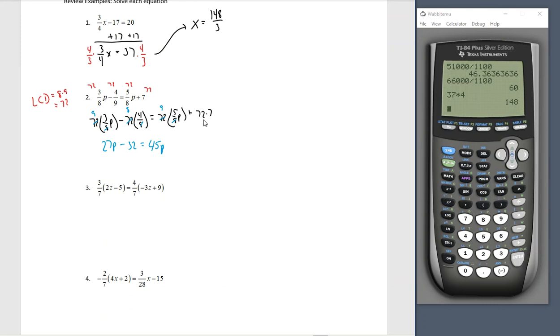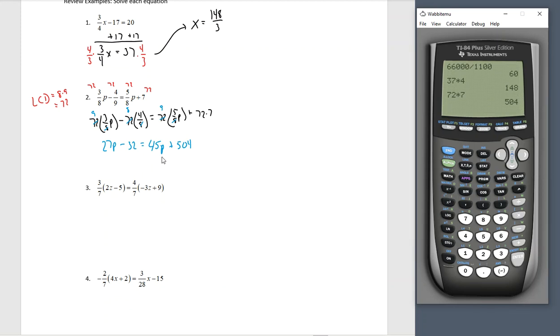And 72 times 7, let's see, 7 times 7 is 49, and then I have a 14, so that's 502. No, it's not, it's 504. But now that I've said that wrong, let's just check and make sure I've got the right value. All right, 504, we're good to go.